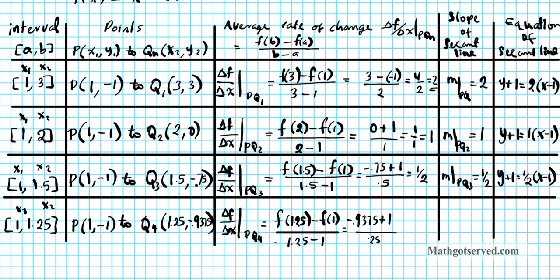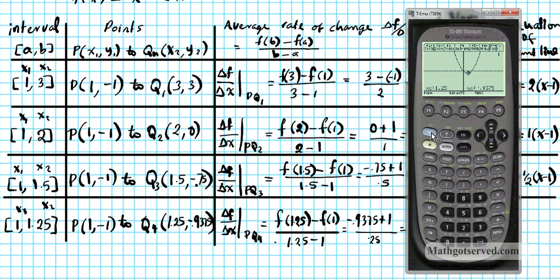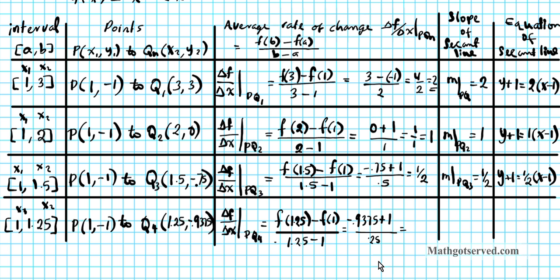Then we can do this in our calculators. Let's go back home and compute negative 0.9375 plus 1, divided by 0.25. And our answer is 0.25, which is the same thing as 1/4. Let's write that down.